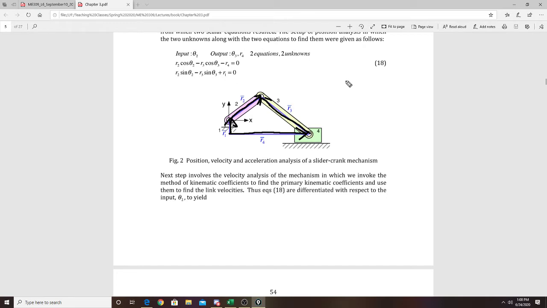So that means we have R2 minus R3 minus R4 plus R1 is equal to 0, right? If you just follow the vector loops, follow the arrows, you will get that equation. I think everyone's pretty much figured that out, hopefully, right?